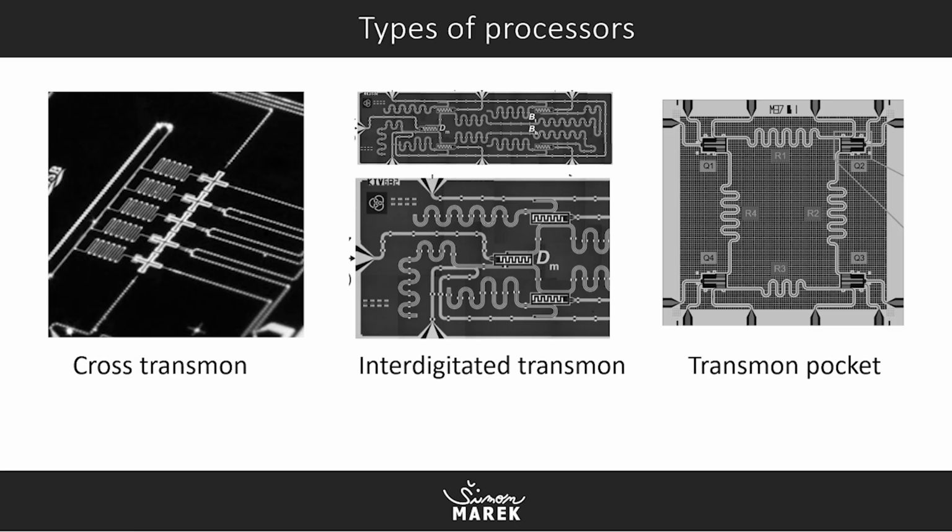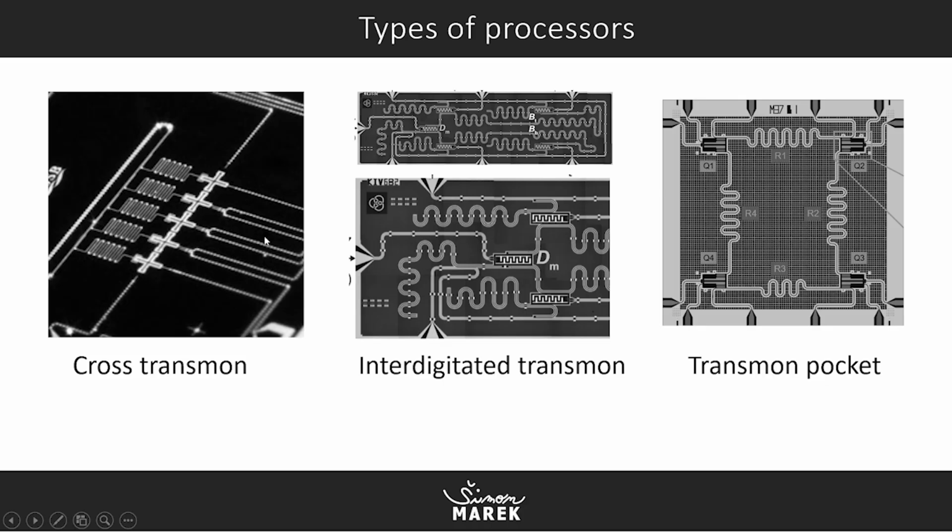There are many types of processors. The most common type is transmon, and there are a lot of revisions or variations of the transmon qubit. There is, let's say, the interdigitated transmon, which is the oldest one and quite a simple one.